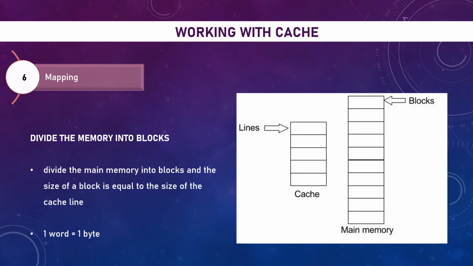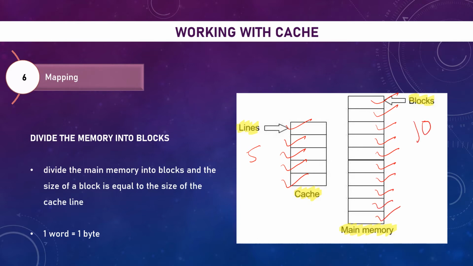To perform the mapping technique, first we need to divide the memory into blocks. Here we have our main memory and this is our cache memory. In main memory we call the sections blocks, and in cache we call them lines. Here I have 5 lines, and here we have 10 blocks.